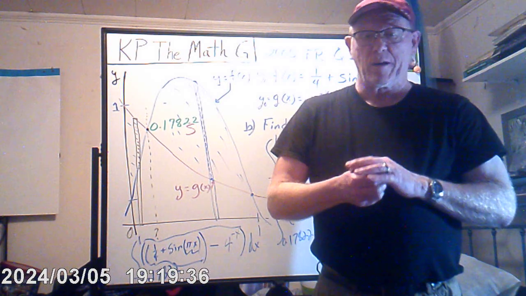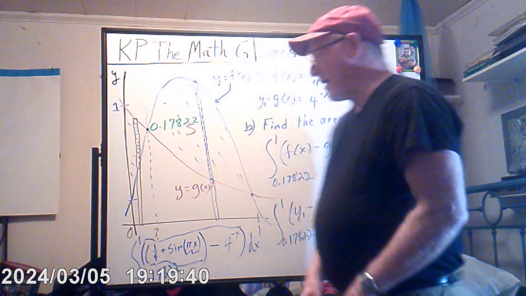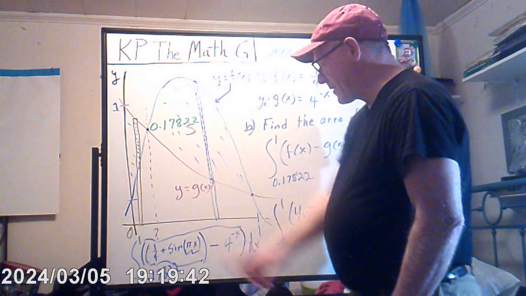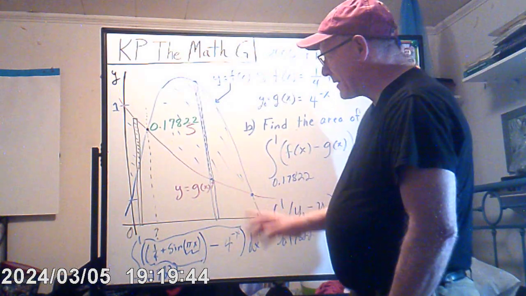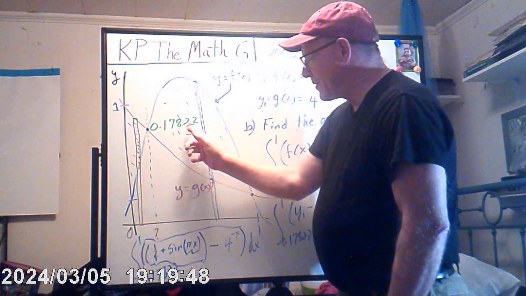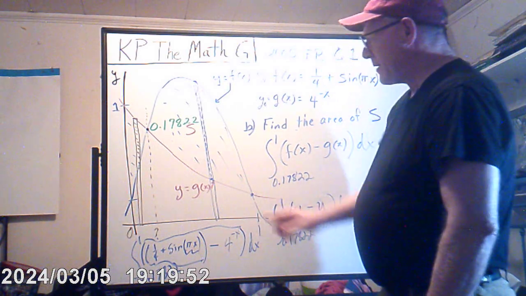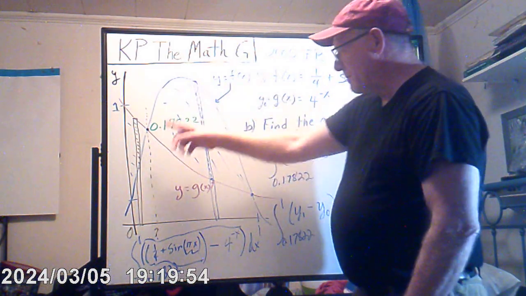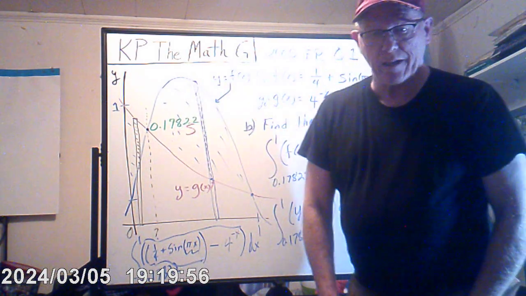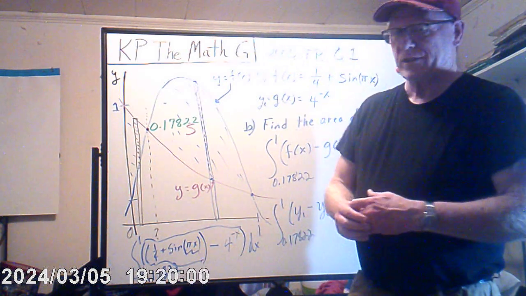But anyway, it's still the same principle. Once again, find this point of intersection, and find this point of intersection. You only need this point to do from 0 to this one the first time. G minus F. The second time is F minus G. And that's basically what I'm showing you here, is just area.